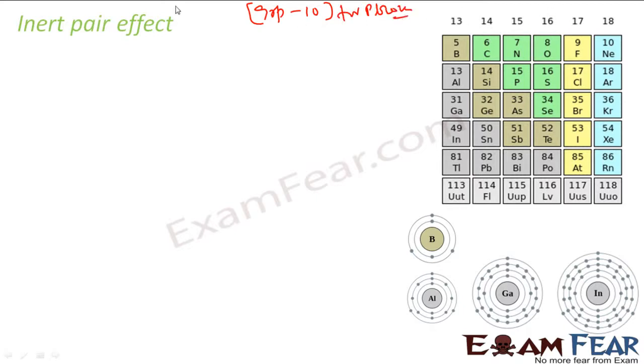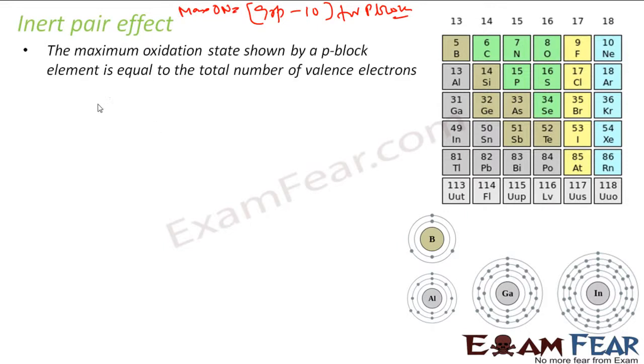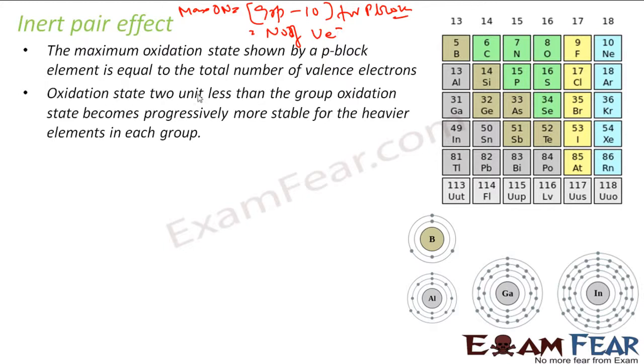This is the max oxidation number. That is nothing but the number of valence electrons. But if you see, as I told, an oxidation number that is 2 units less than the maximum number is also seen for heavier elements. Please note, for heavier elements.